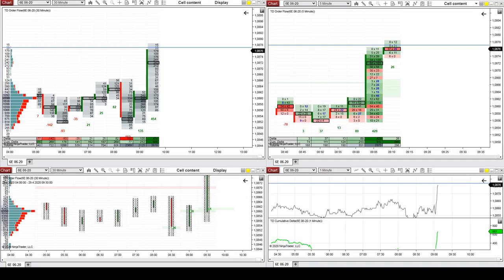Now there are some sellers entering. Alright, sellers are showing up. Not too many of them, but maybe some more will show up later.